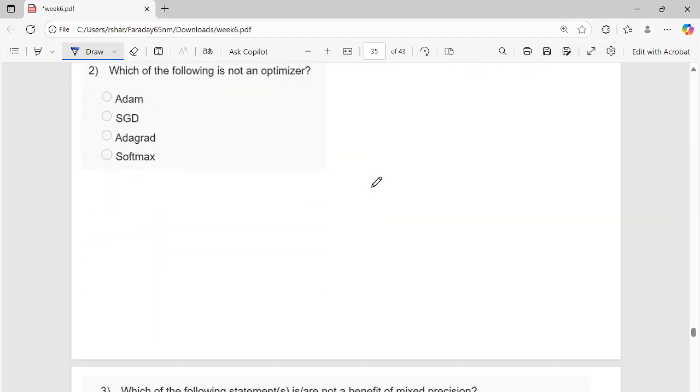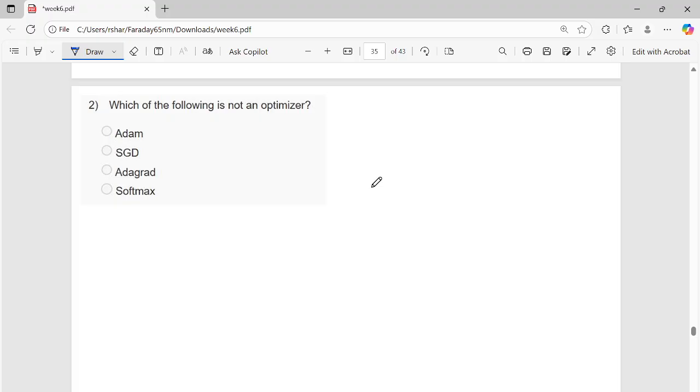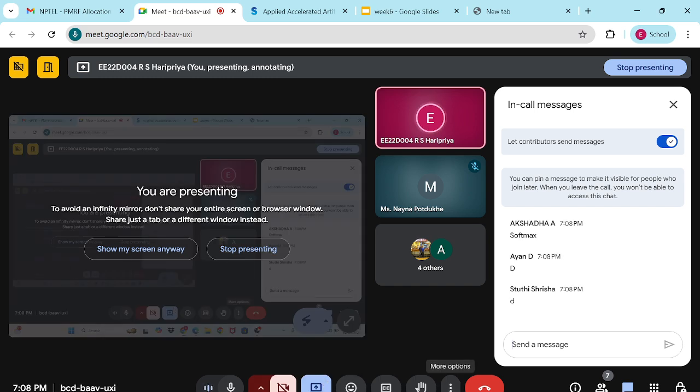Okay, next question. Which of the following is not an optimizer? Yes, softmax.